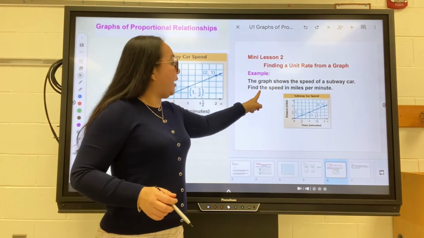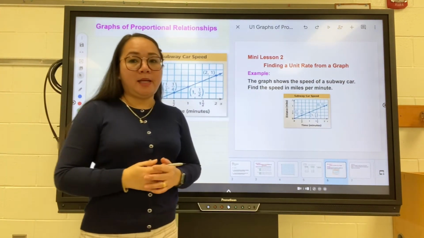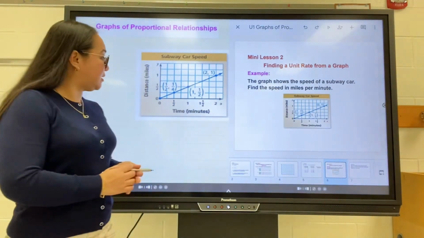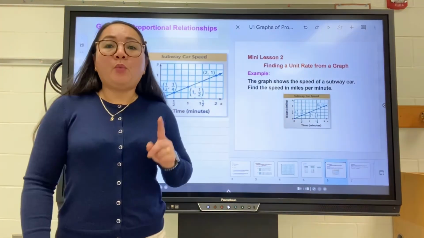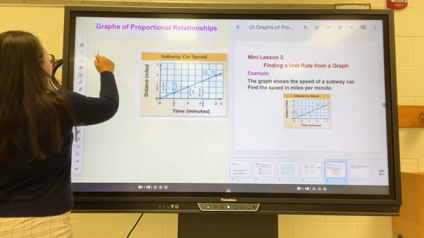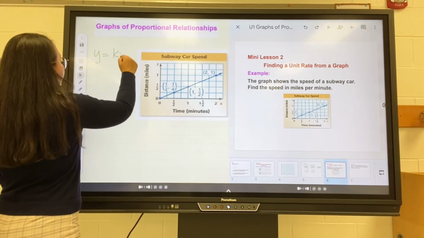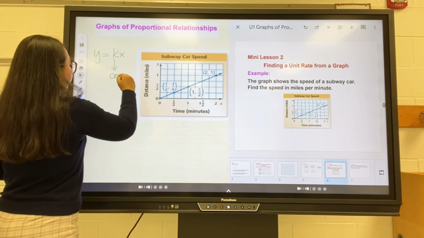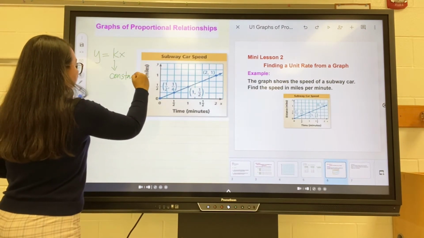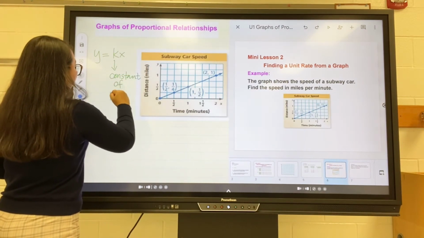We have to find the speed in miles per minute. Two quantities, the x and the y, are proportional when y is equal to kx, where k is the constant of proportionality.